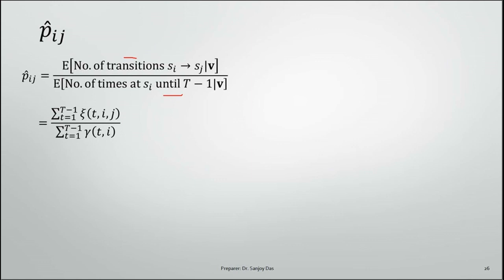Since these transitions can happen only until time step T minus 1, you have to consider that. And so this is the expected number of times the HMM was in state Si until time T minus 1, not until T. And that's given by this expression here: summation t equals 1 through T minus 1 of zeta Tij divided by summation t equals 1 through T minus 1 gamma Ti.